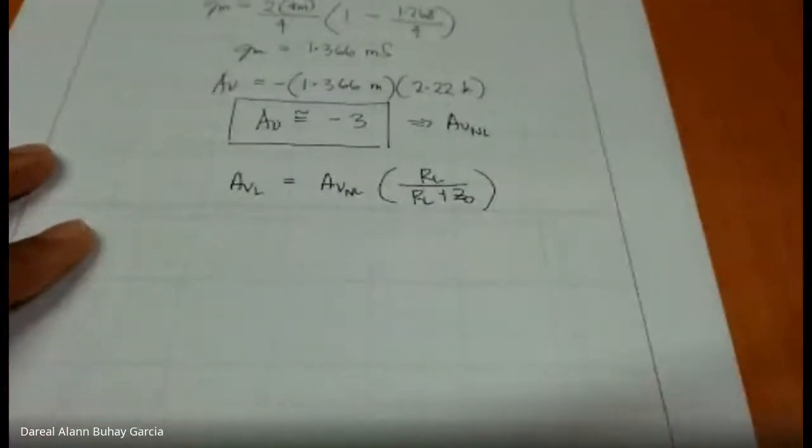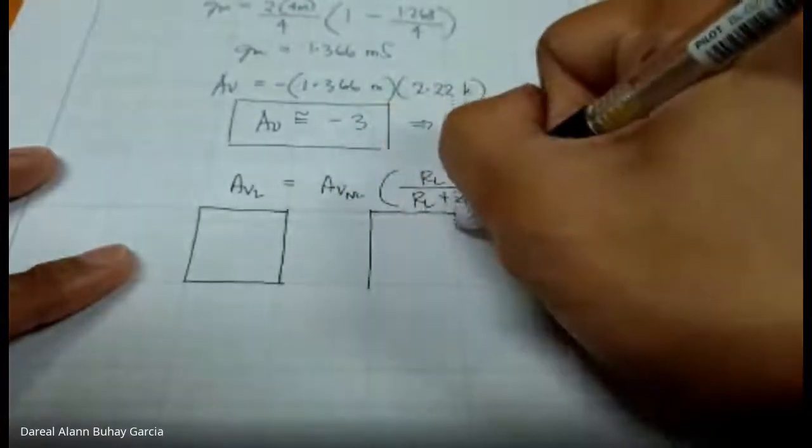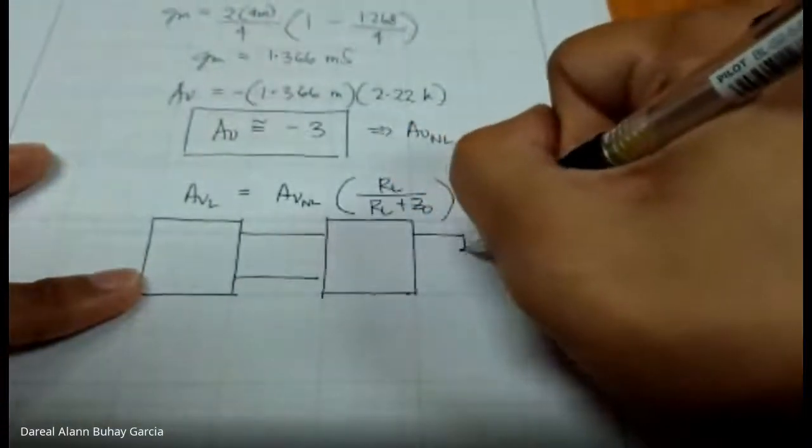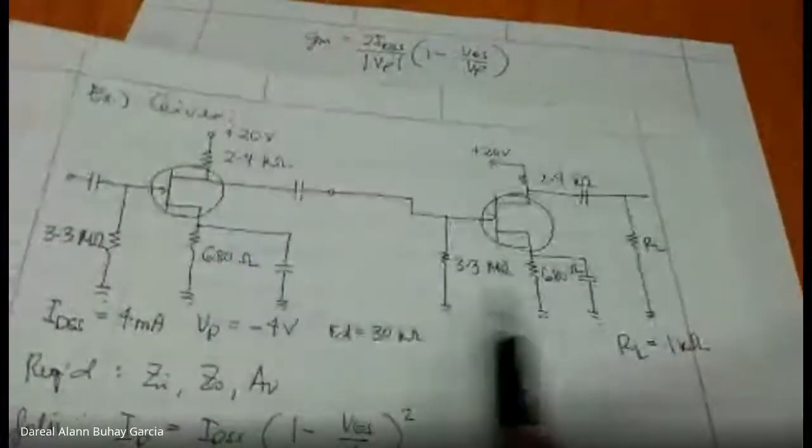Okay, pwede man ito mag-draw. RL is 1 kilo ohm. Because they are both exactly the same, para sila.